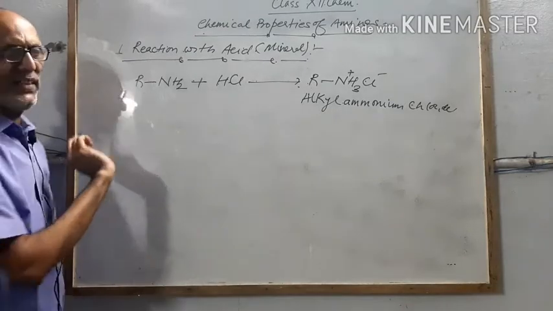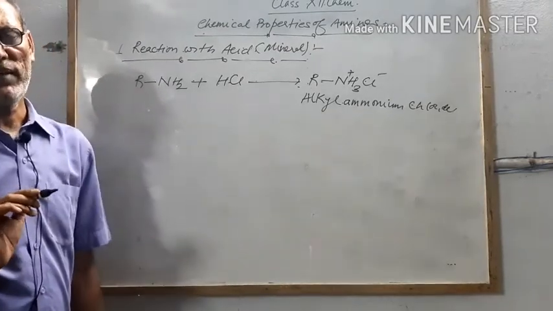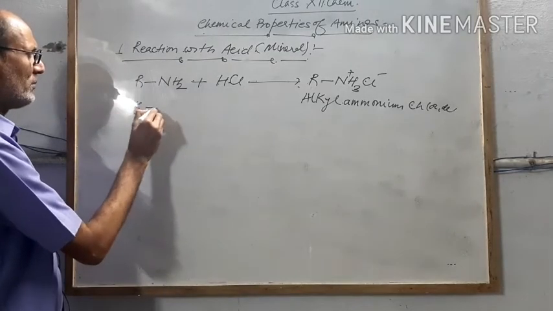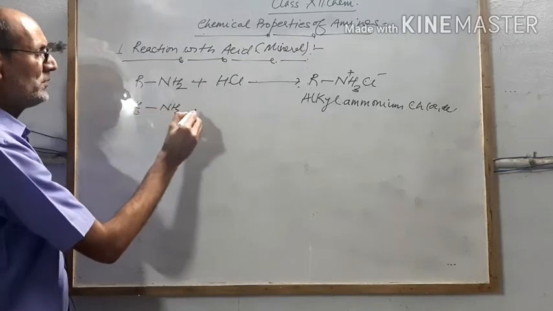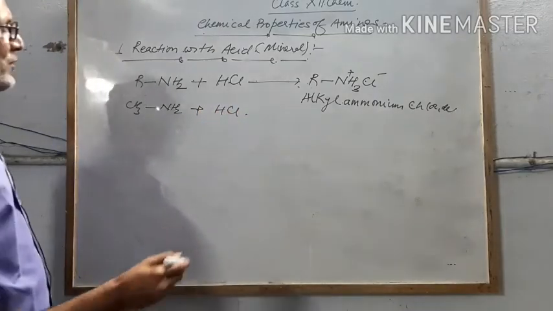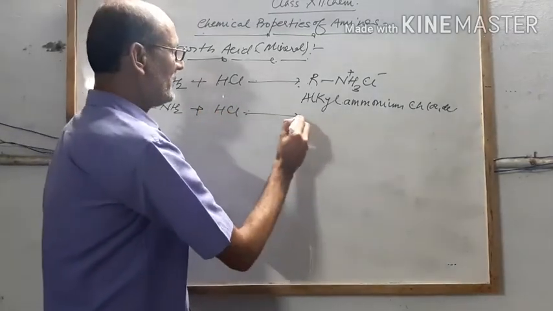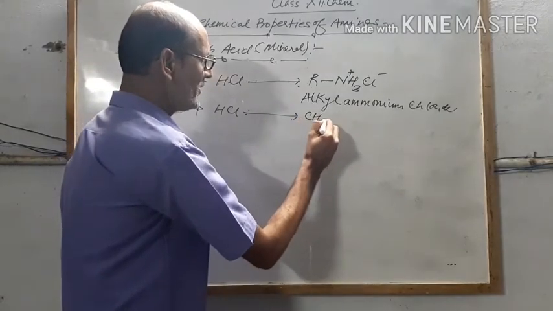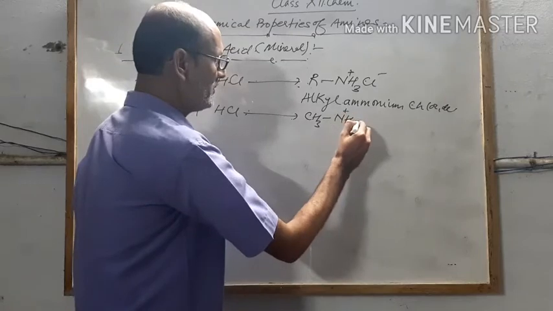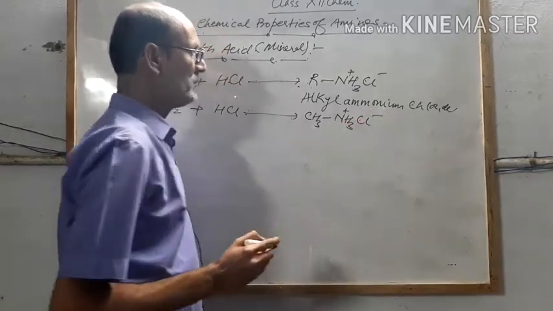Suppose you are taking here methylamine, CH3 single bond NH2, plus HCl. It will form CH3 single bond NH3 positive, Cl negative.